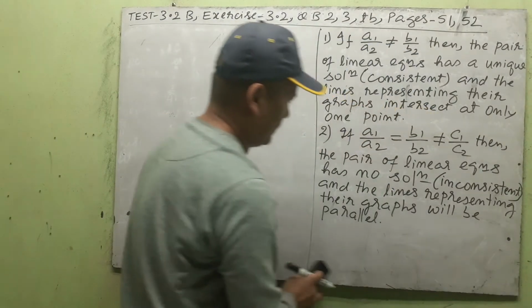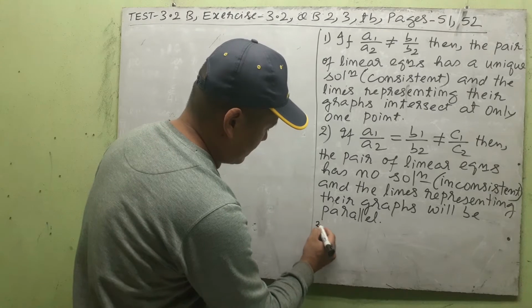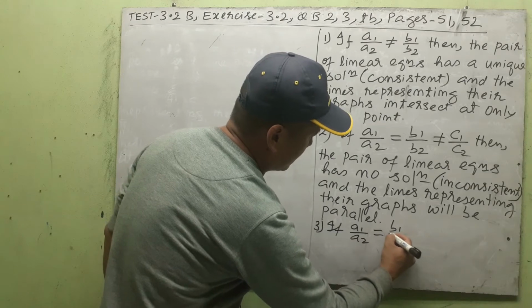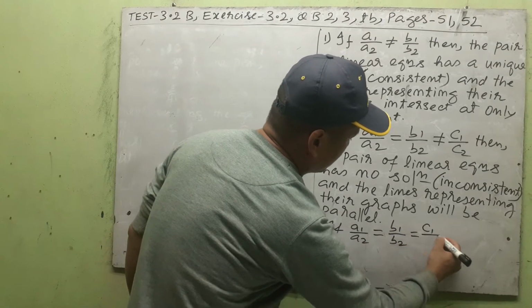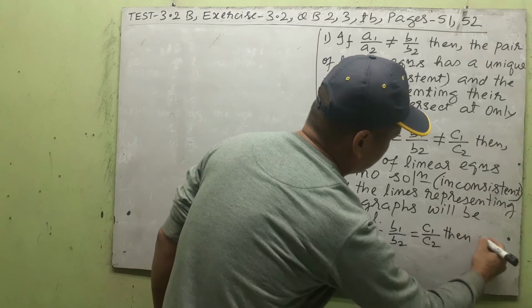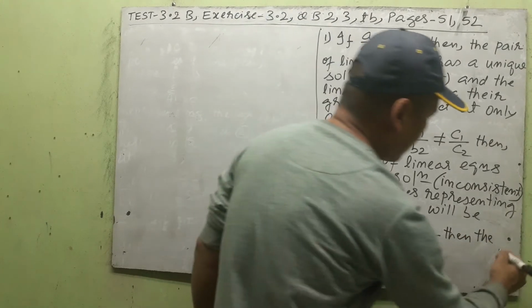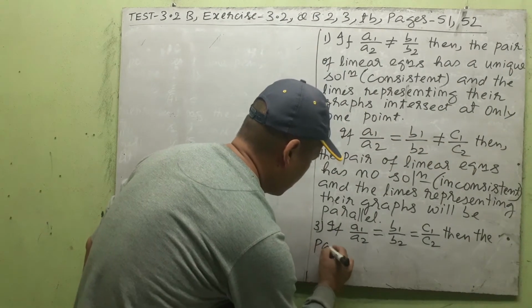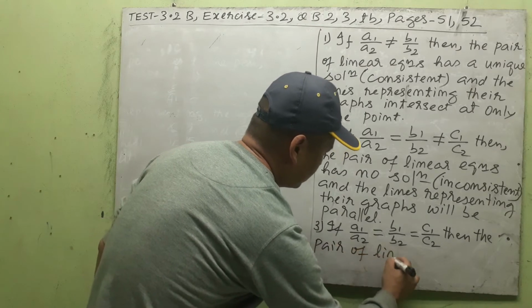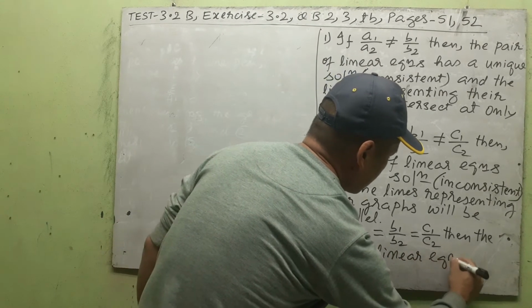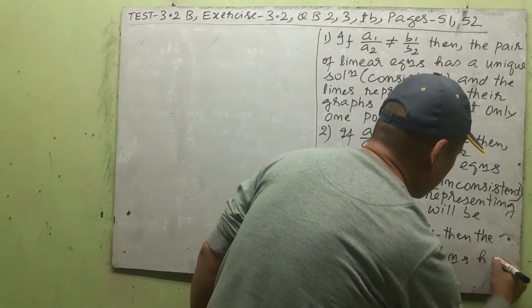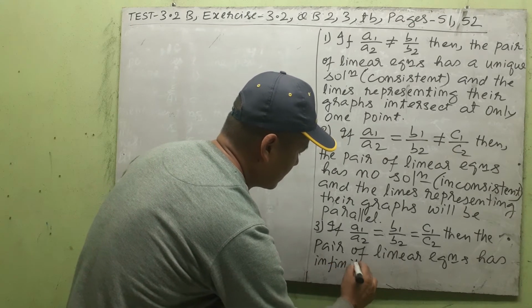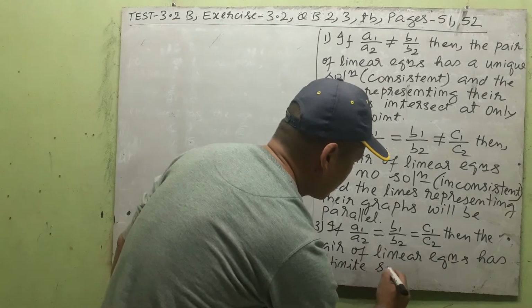Okay, the third point here. The third point is, if a1 by a2 is equal to b1 by b2 is equal to c1 by c2, then the pair of linear equations has infinite number of solutions or infinite solutions.